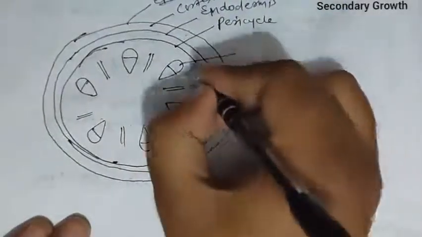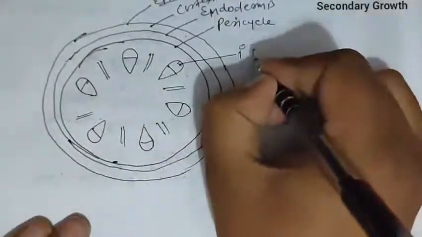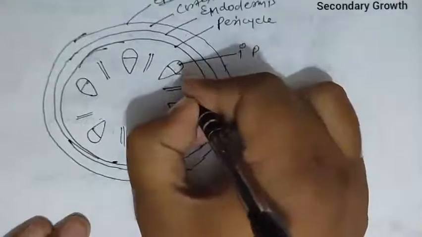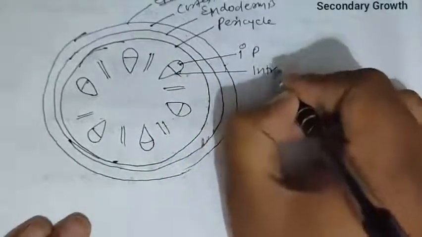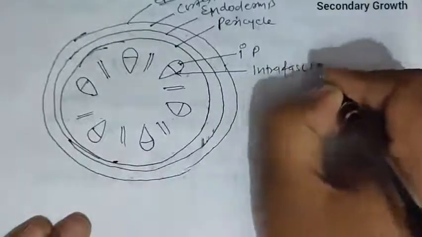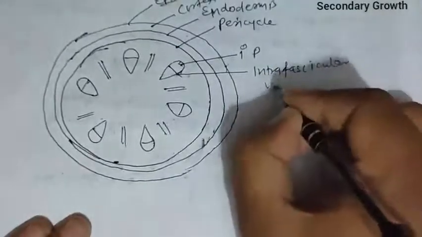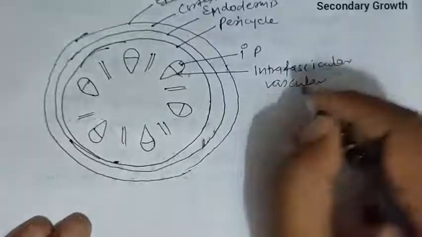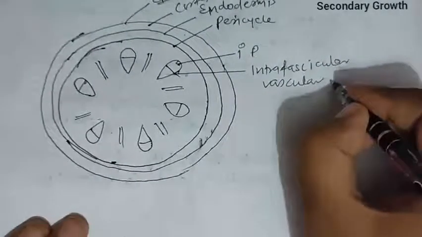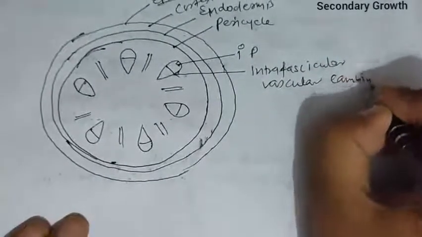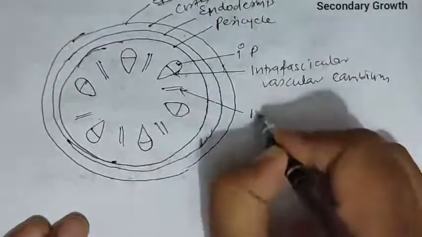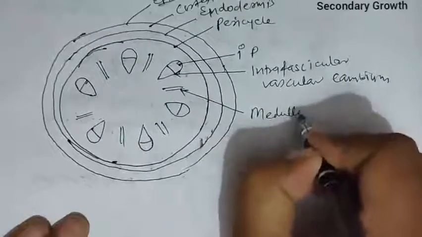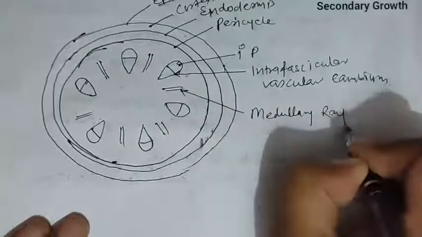This is the primary phloem, this is the intrafascicular vascular cambium, and this is the medullary rays.